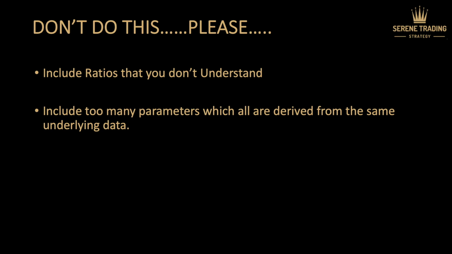The next thing is, don't use too many ratios which use the same underlying data, because then you're duplicating your efforts. If you looked at the screener carefully, you can go back to Finviz and you can see it. There is a parameter called return on equity. There is a parameter called return on investment. Okay, so now return on equity, return on assets, return on investments. Yes, there are different calculations in terms of the formula, but then they are going to be correlated.